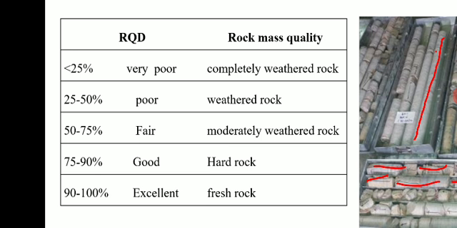If it is 50 to 75%, it is fair, that is moderately weathered rock. If it is 75 to 90, it is good, it shows the presence of hard rock.